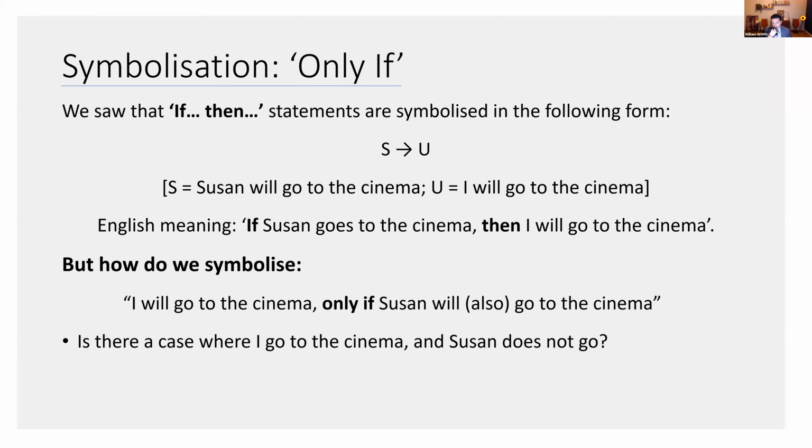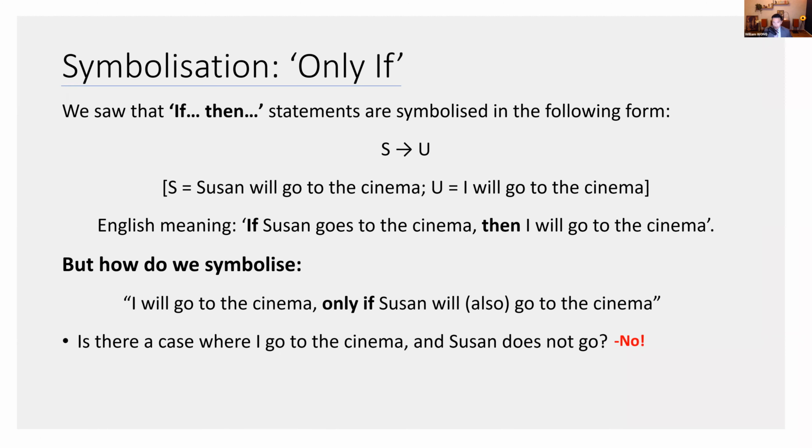Well, we can think about it logically, in terms of logical worlds. If this sentence were true, is there going to be a case where I go to the cinema and Susan does not go? You're saying that you go to the cinema only if Susan goes to the cinema, right? So the answer to this question should be no. Whenever you're at the cinema, Susan must be there.